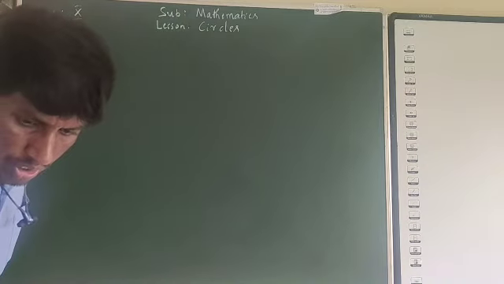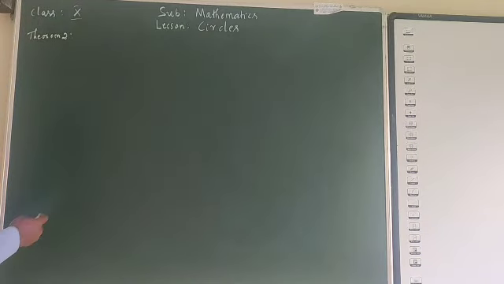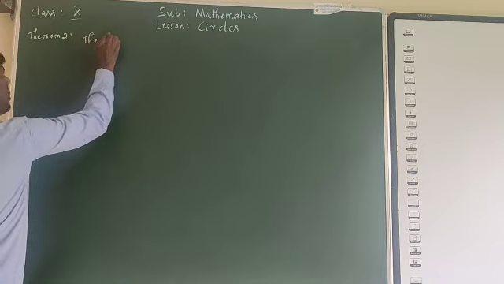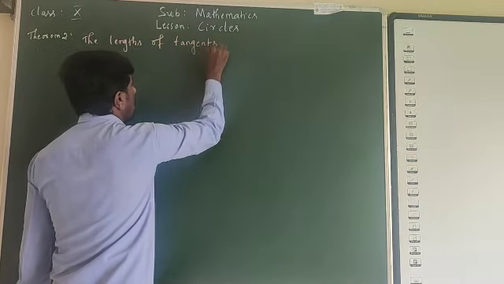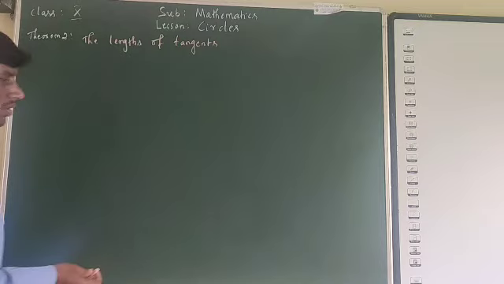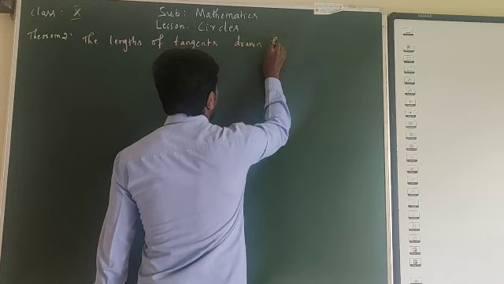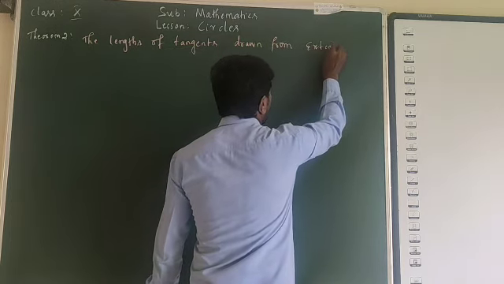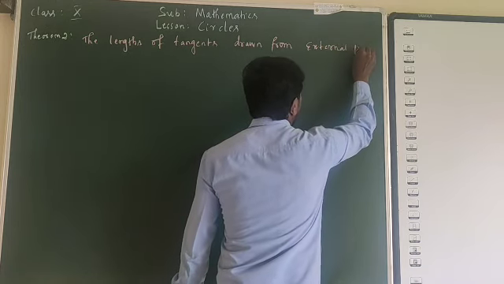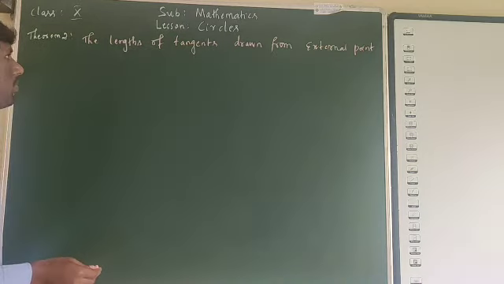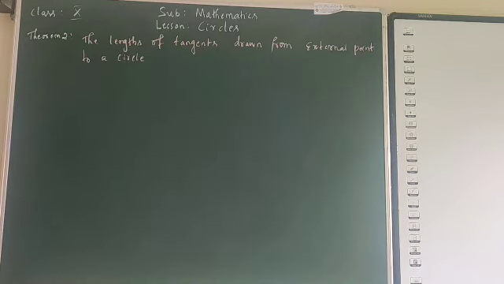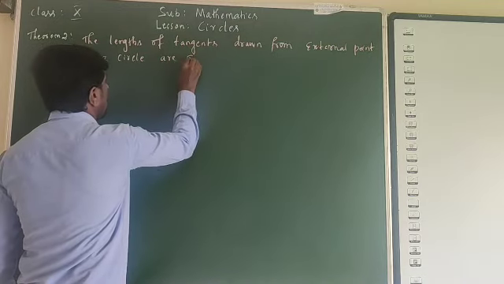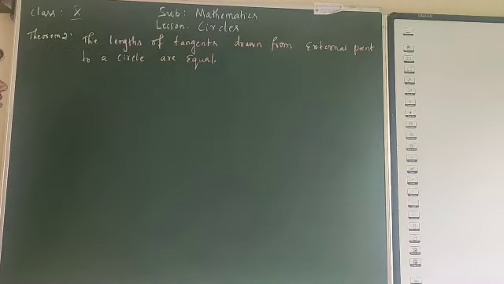Theorem 2: the lengths of tangents drawn from an external point to a circle are equal.